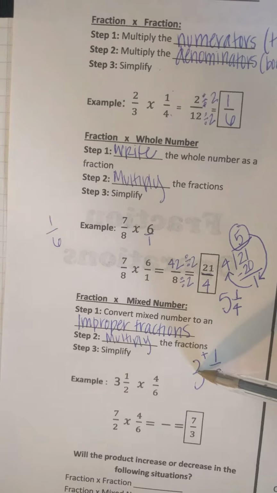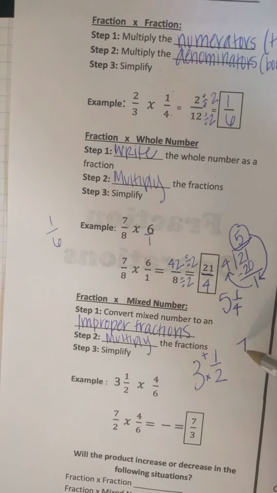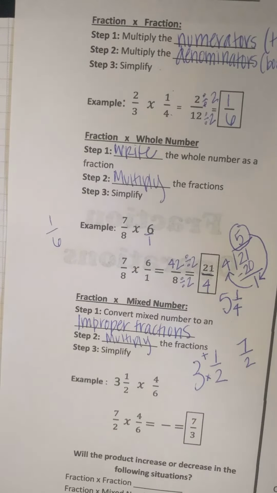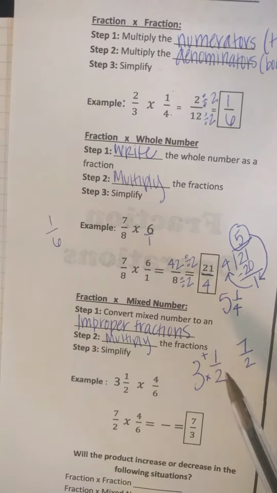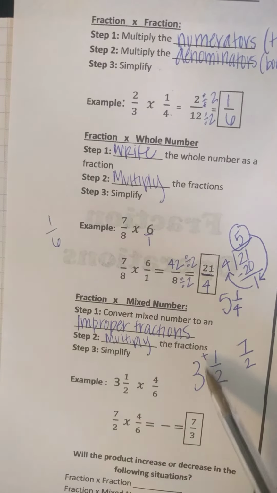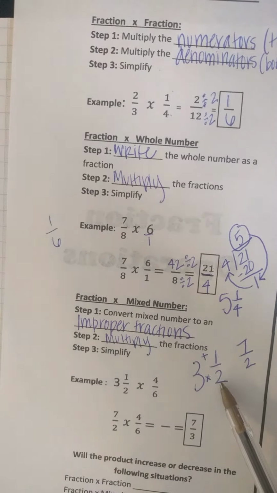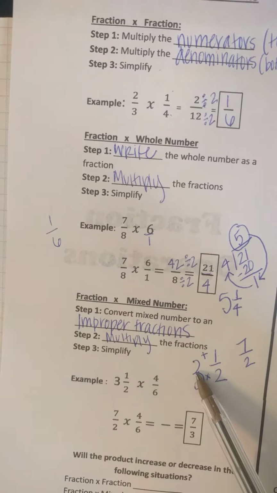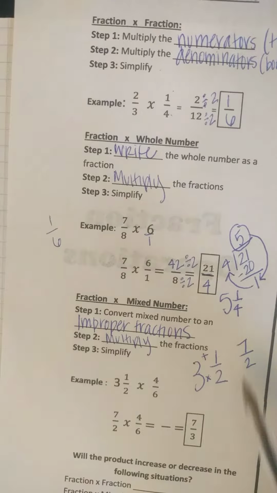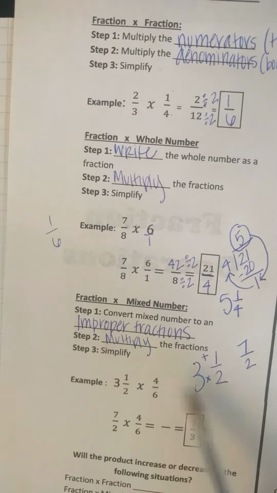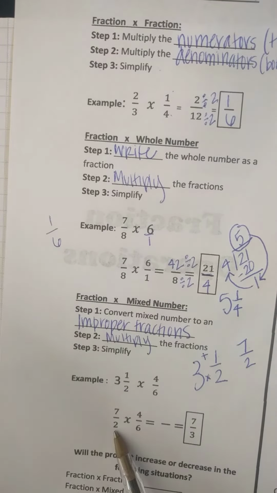So 2 times 3 is 6, and then 6 plus 1 is 7. And you keep the same denominator. So again, MA, multiply, add, or Texas, TX, add, multiply. 2 times 3 is 6, and then 6 plus 1 is 7. Keep the same denominator. As you can see, that's already been done here for you.